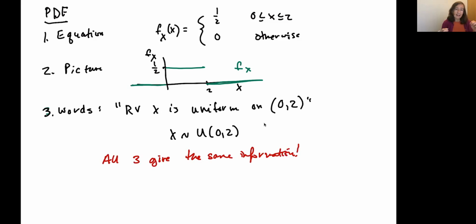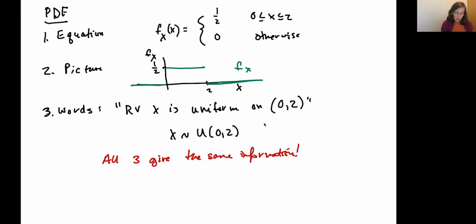Given any one of these starting points, sometimes it's helpful to add another one. For example, if I'm given information about a PDF in equation form, I often find it helpful to draw the picture anyway, because the picture helps me wrap my brain around what's going on.